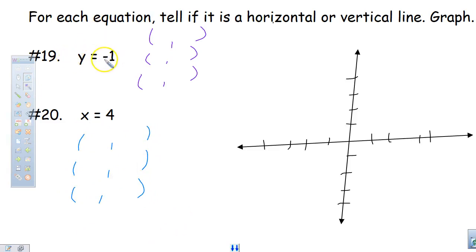All right, for number 19, your y has to be -1. So what does your x have to be? Anything, 0, 1, and 2 you can do.